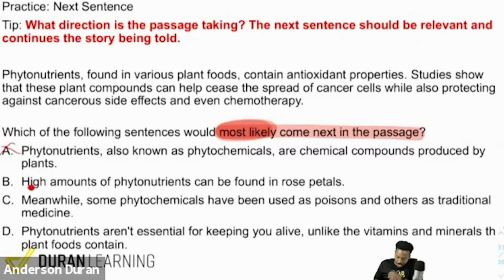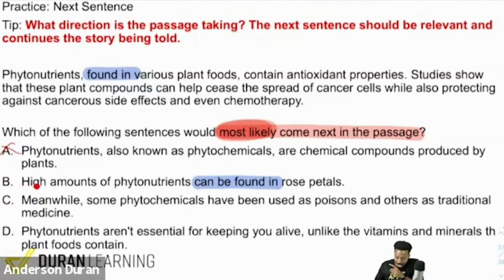B, high amounts of phytonutrients can be found in rose petals. Now, I'm looking at this, and you may be looking at this and saying, hey, can be found in, right? We may be thinking, oh, wait, this is being a little repetitive. But let's think about how this sentence actually plays out. When you look at the beginning of A, phytonutrients found in various plant foods. Notice how B is different.